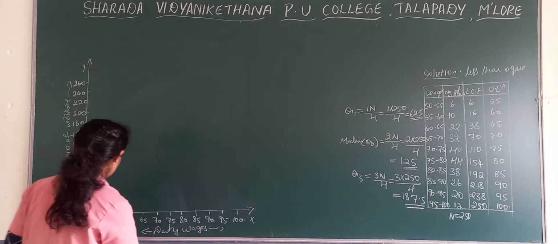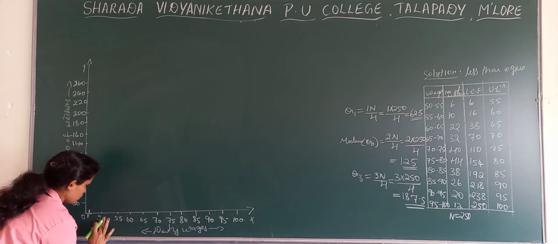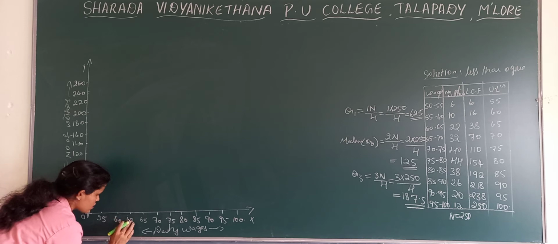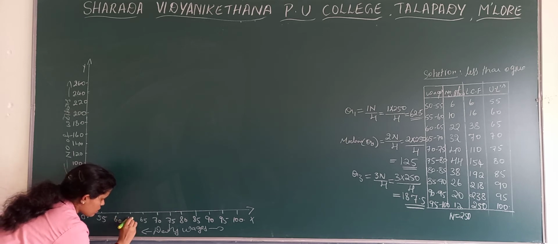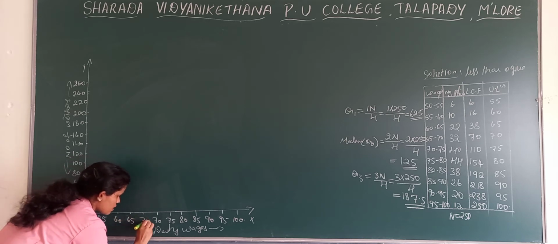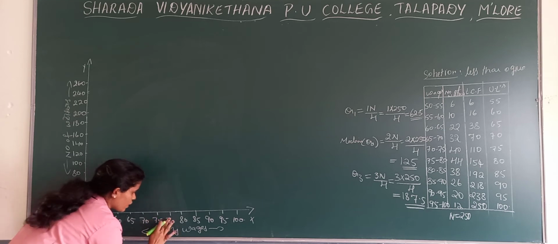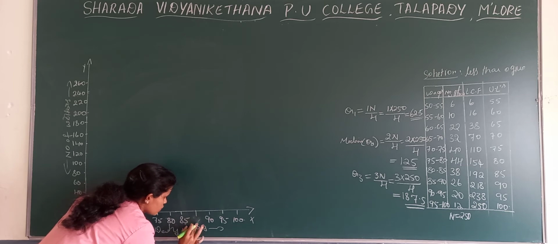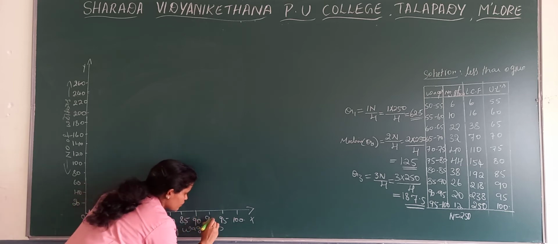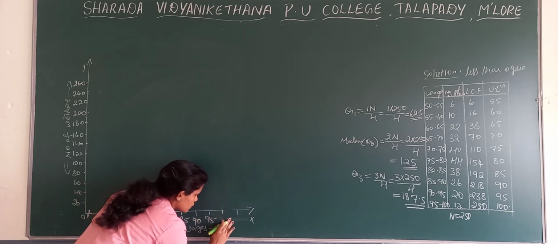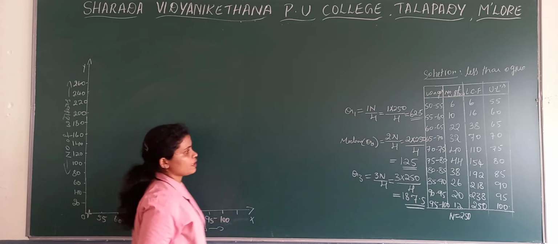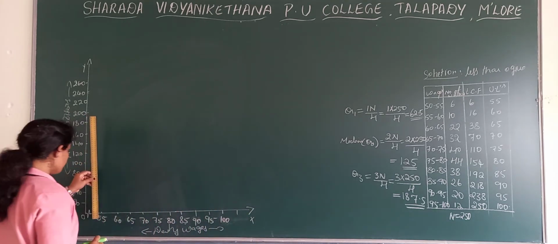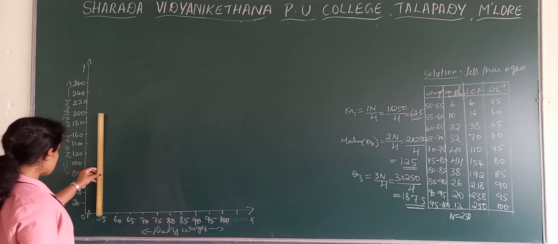So we will start from 55 itself. 55, 60, 65, 70, 75, 80, 85, 90, 95, 100. Upper limits.